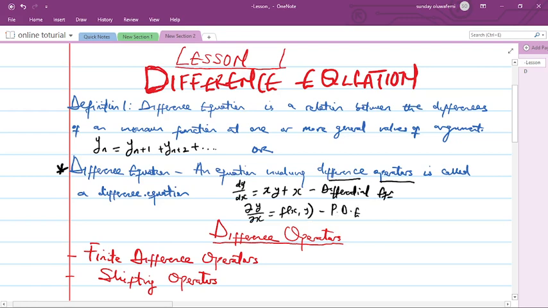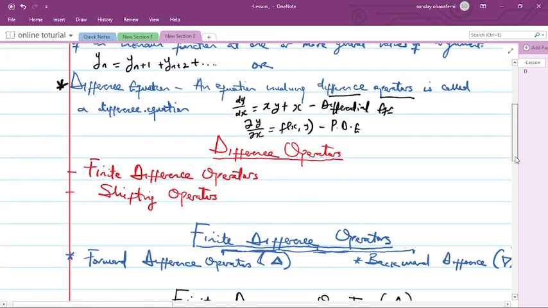Likewise, we have another equation which we call a difference equation. But before we go deeper into it, I would love us to check the difference operators. So any equation that involves difference operators is called a difference equation.